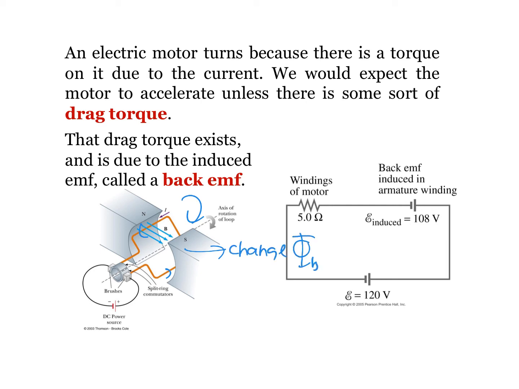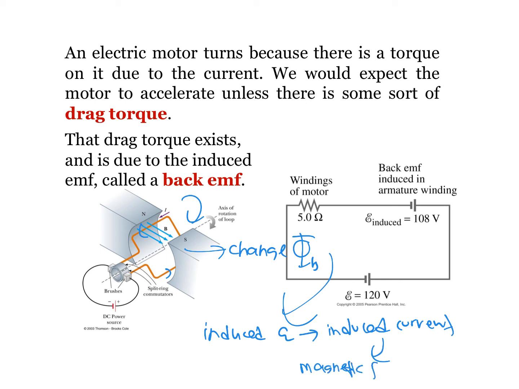And this change of magnetic flux is going to produce what? Induced EMF and induced current. So this induced current is going to produce what? Induced magnetic flux. And what is the function of this magnetic flux? To oppose the original change in the magnetic flux.